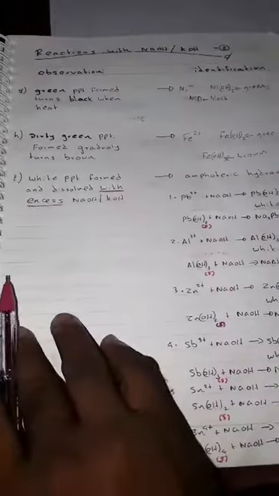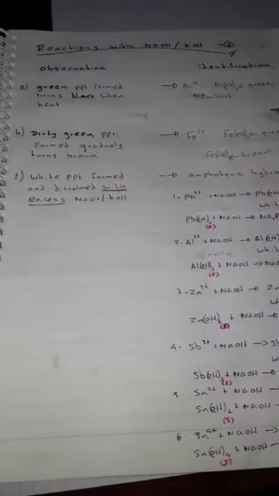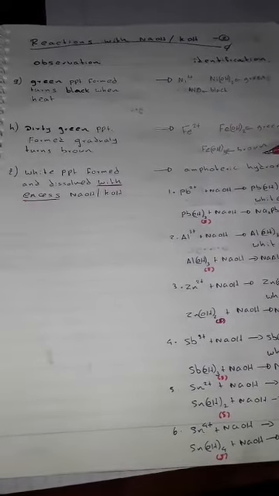There are a larger number of cations that first make a white precipitate and dissolve with excess sodium hydroxide or potassium hydroxide.